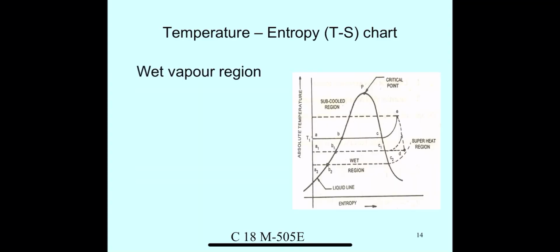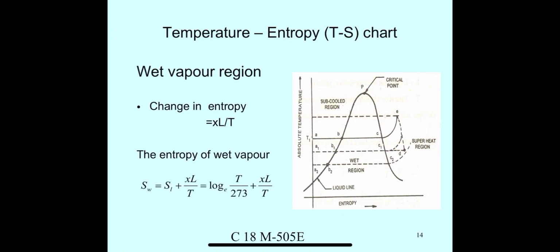Then in the wet vapor region, the change in entropy equals X into L by T, where the entropy of wet vapor SW equals S1 plus X L by T, that is log of T by 273 plus X L by T. Instead of S1 we consider log of T by 273, so we can find out the SL.